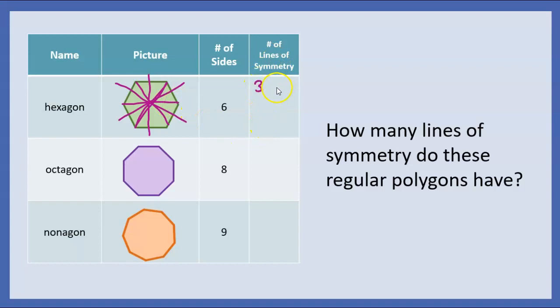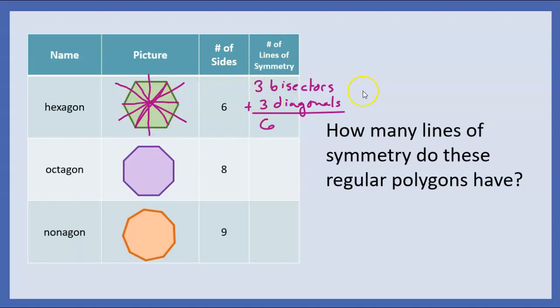So overall we had 3 bisectors, 3 lines that bisected opposite sides, and then we also had 3 diagonals for a total of 6 lines of symmetry. Now once again, we could try other lines, but I'm not sure where we'd find a symmetry because all these sides are cut in half already, and all these vertices are connected, so anything else would sort of be off to the side of something.